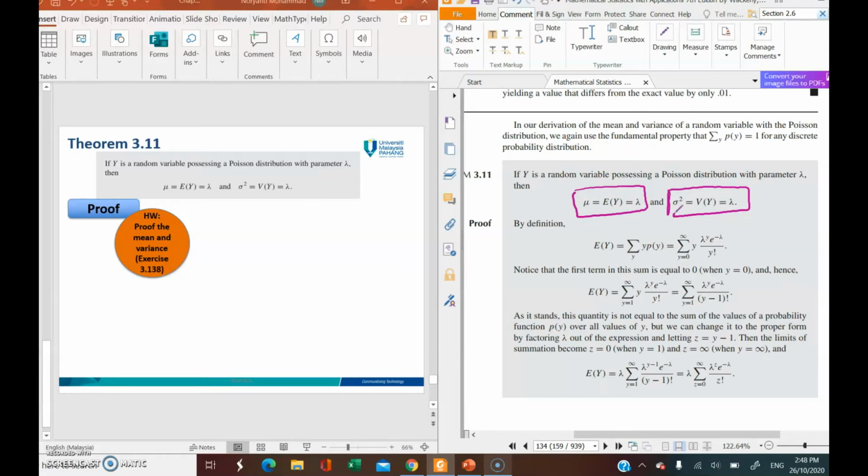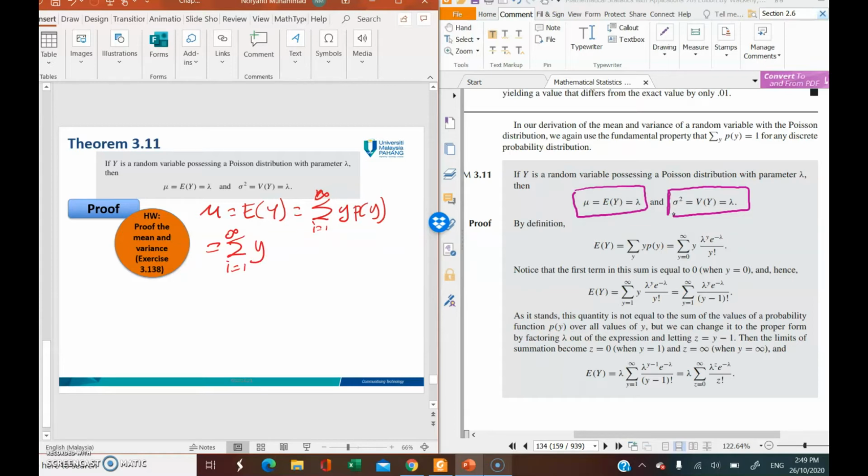So how to prove that? Again, if you want to prove the expected value for the Poisson, which is the mean, you will have mu equal to E(y), so this is the summation of y times p(y). Here the sum is from 1 until infinity in this case, because y is from 0, 1, 2, 3 until infinity. So what is your p(y)?